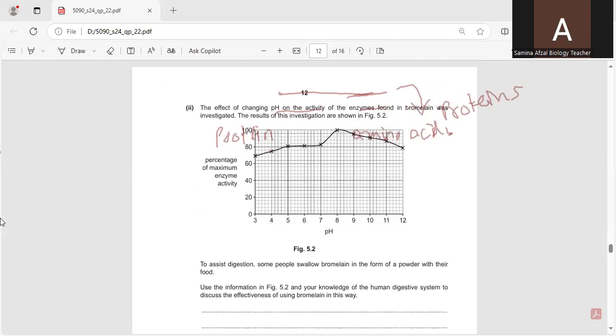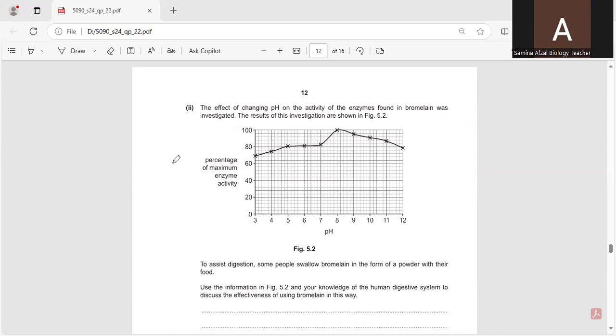And next question. The effect of changes in pH on the activity of the enzymes found in bromelain was investigated. The results of this investigation are shown in figure 5.2, percentage of maximum enzyme activity.